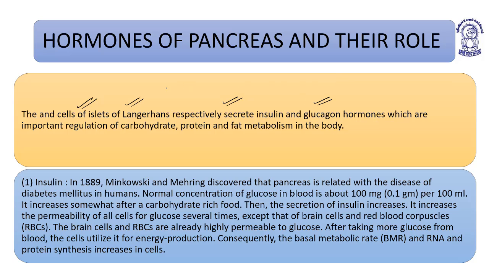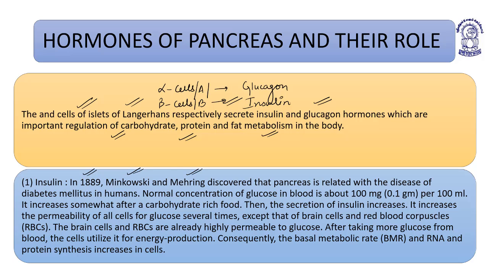The alpha cells, or A cells, secrete glucagon, and beta cells secrete insulin. Both insulin and glucagon help to regulate carbohydrate metabolism, protein metabolism, and fat metabolism in the body.